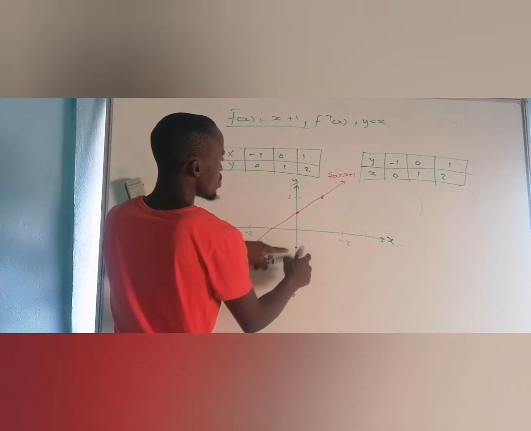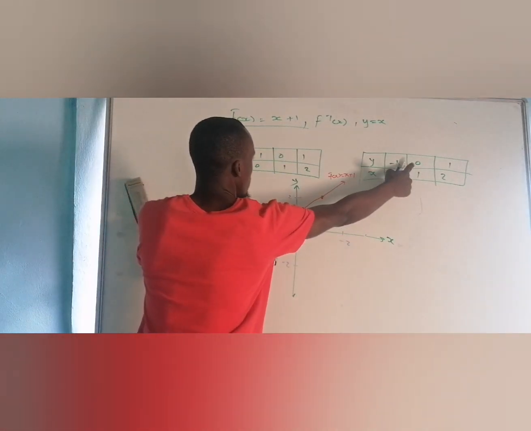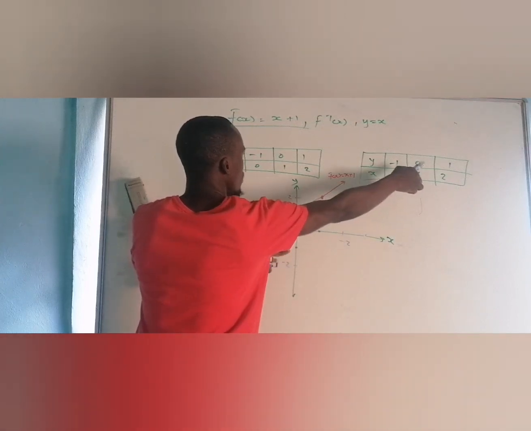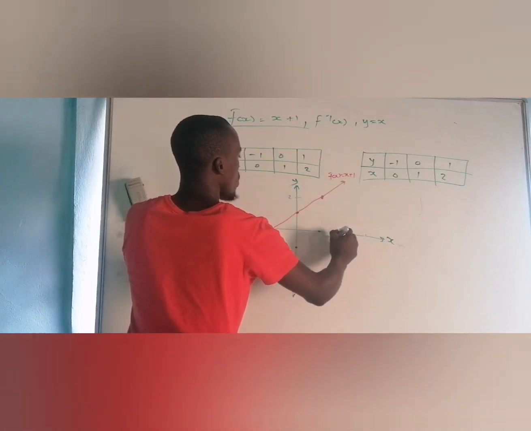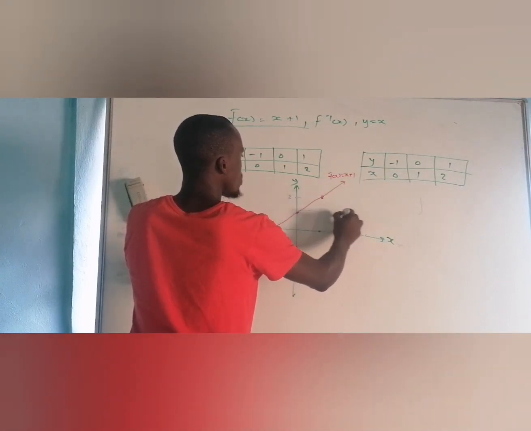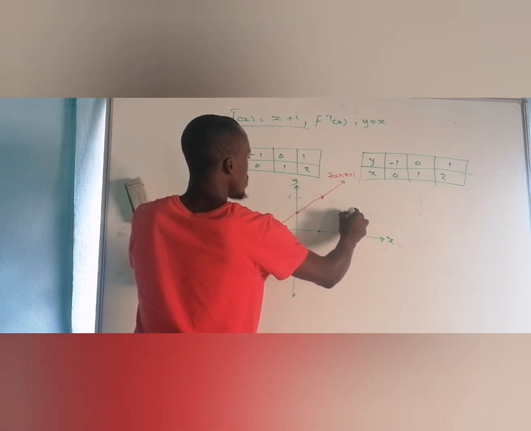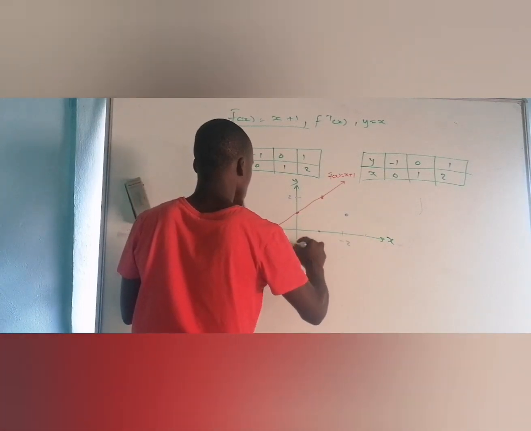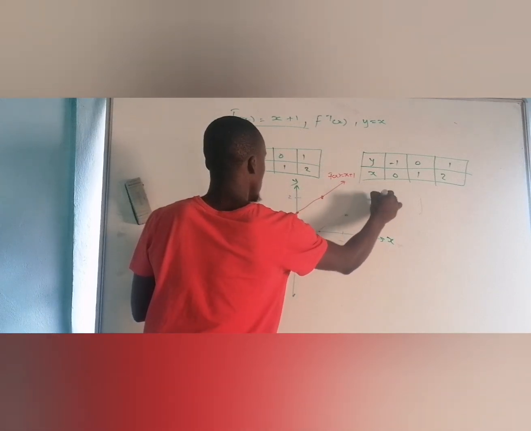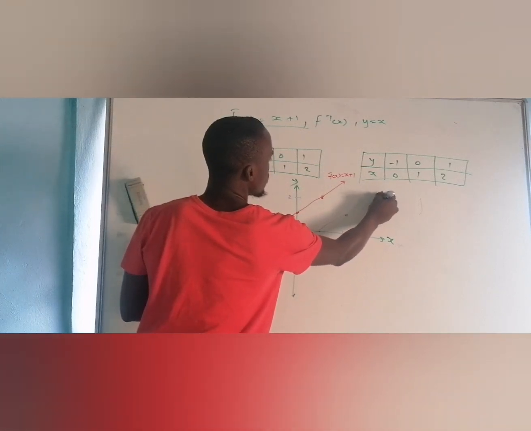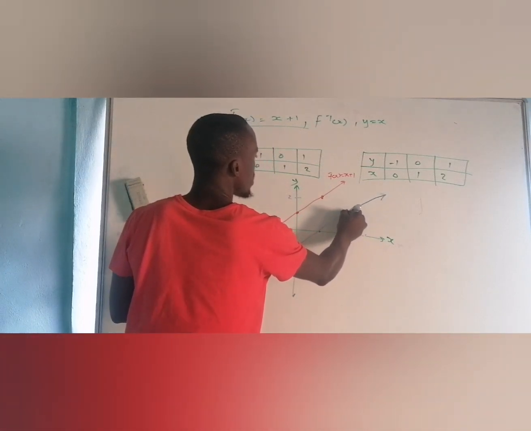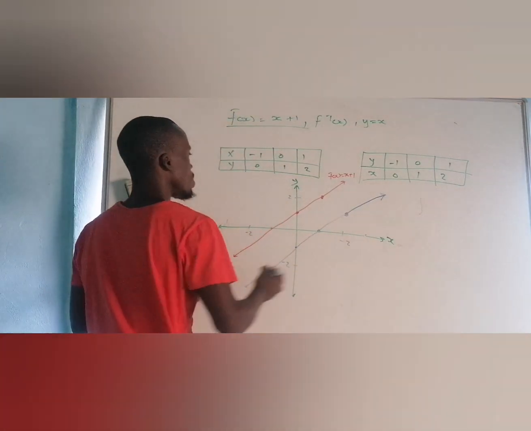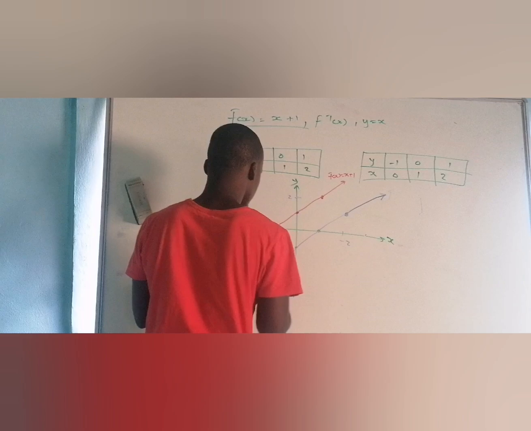It's here. Then 1 is to 2. Then just use your ruler. Then you draw. You're joining those points. So this is the inverse.